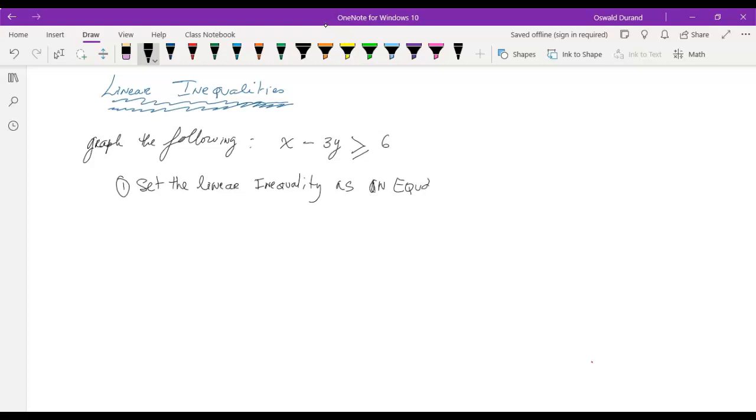It's kind of odd, right? But I want to set this as an equation. So all I have to do is write this as x minus 3y, and instead of having the inequality sign, I'm just going to put equal to 6.